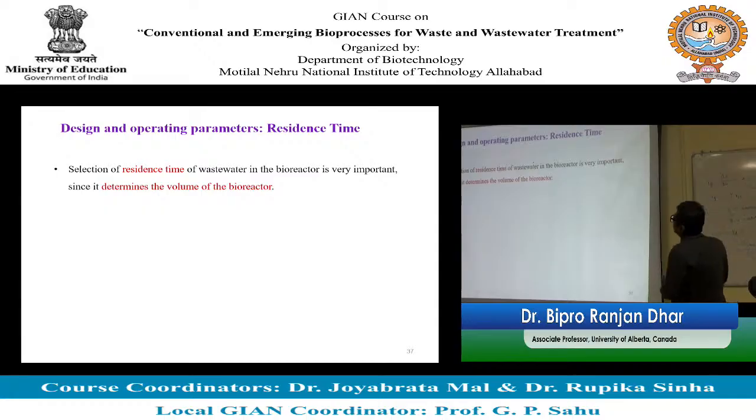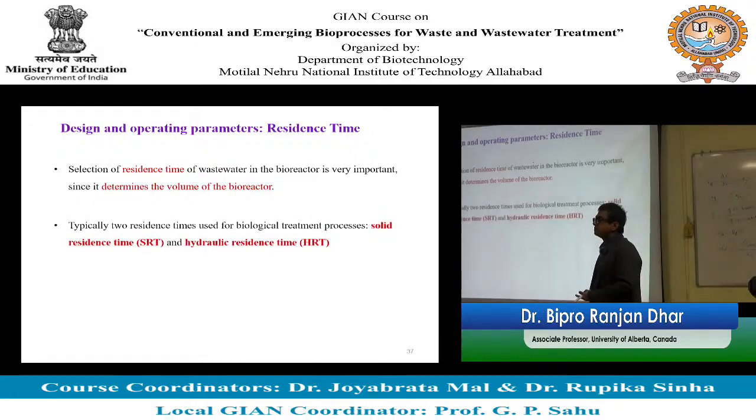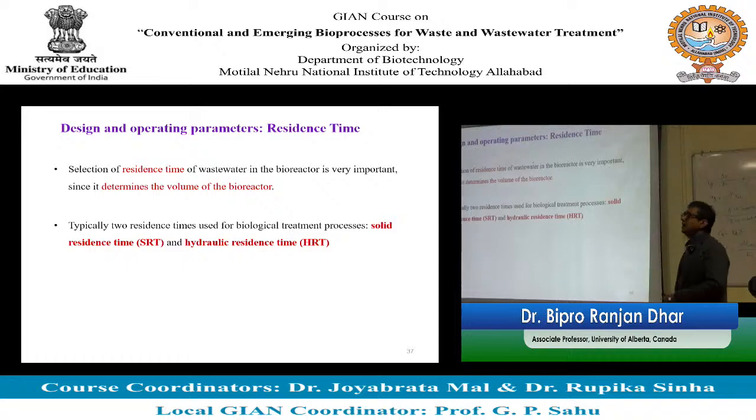Residence time, there are two types of residence time actually used: residence time for wastewater and residence time for your biomass or microbes. One is hydraulic residence time, HRT, which is for wastewater, and the other is solid residence time, SRT, which is for biomass.